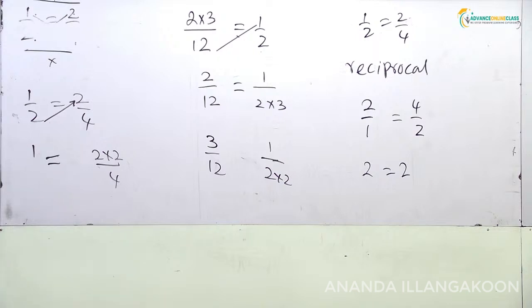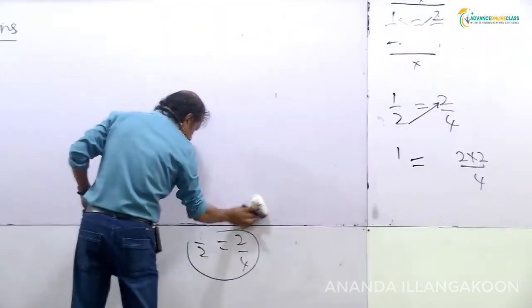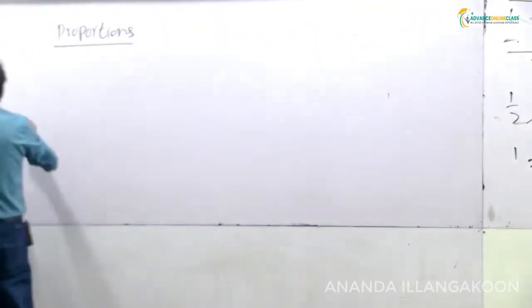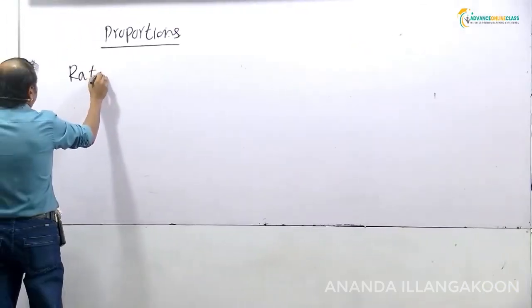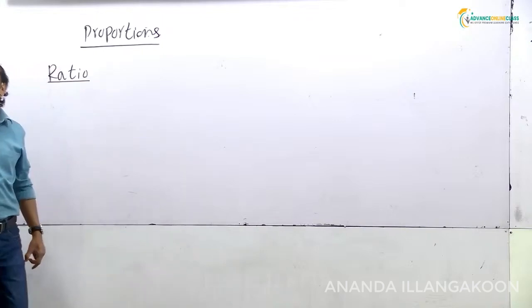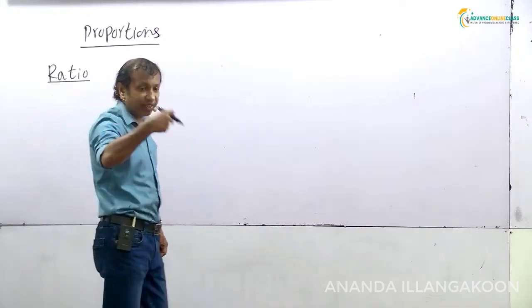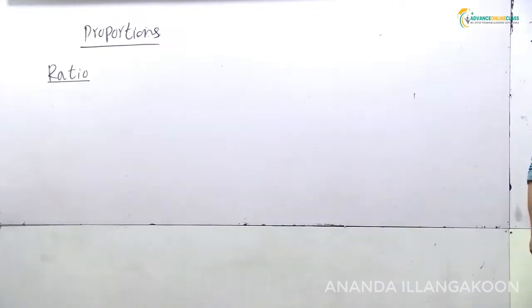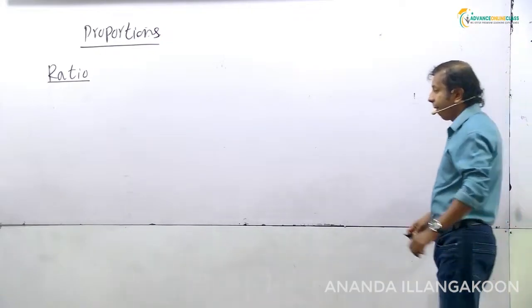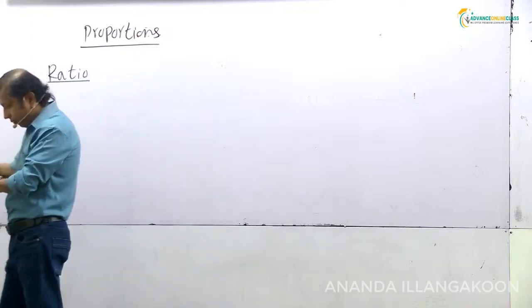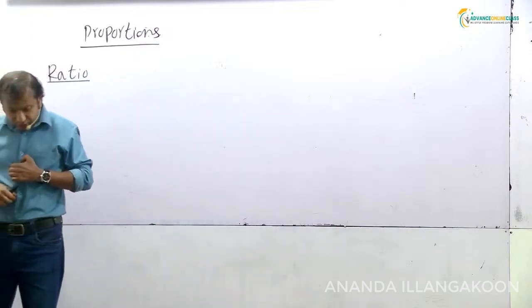Under proportions, write down first subheading as ratio. Ratio. What is a ratio, people? The simplest idea of the ratio is what? It's a fraction. Write down. A fraction is called a ratio.